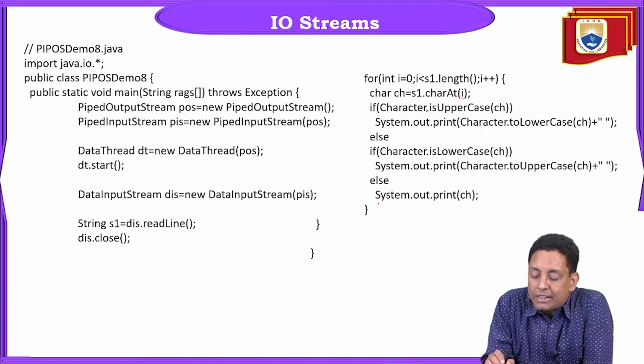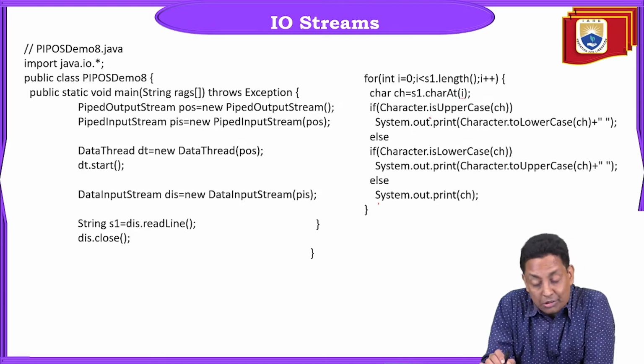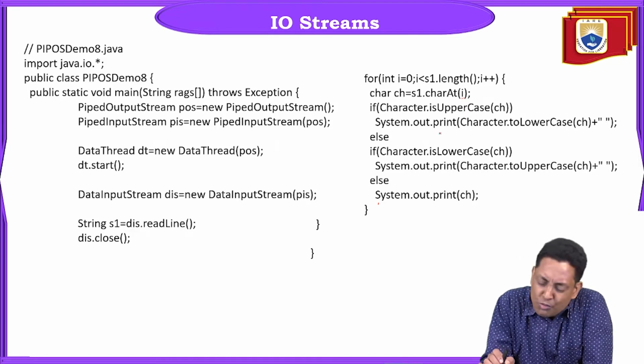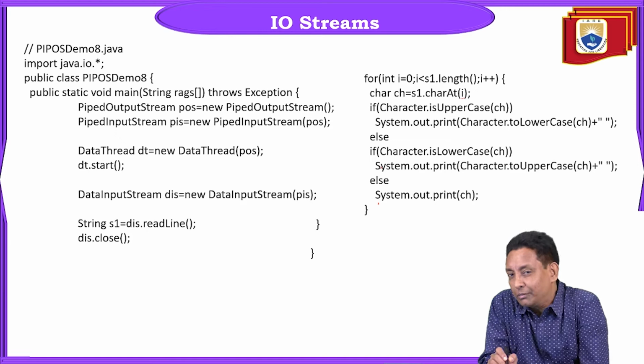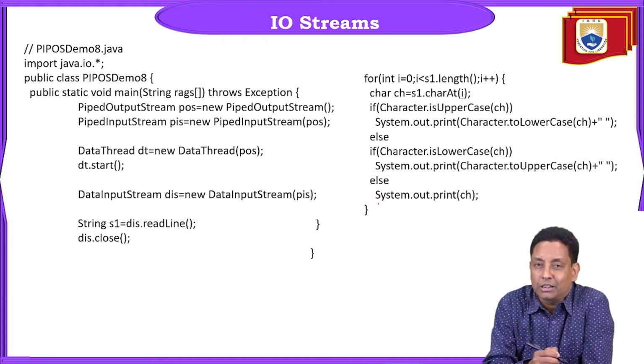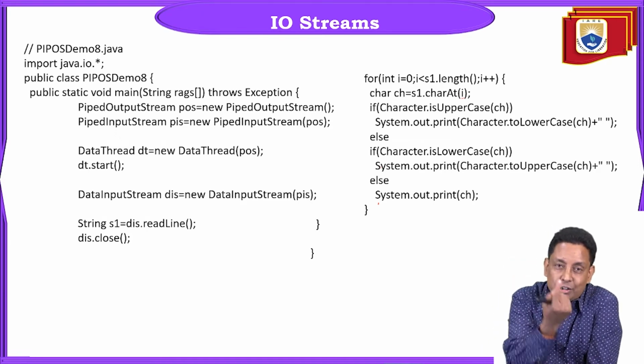Why static methods? Most of the methods given in the Character class are static methods. Because we don't want to store anything into a Character class object and then perform operations on it. After all, a Character object contains only one single character.